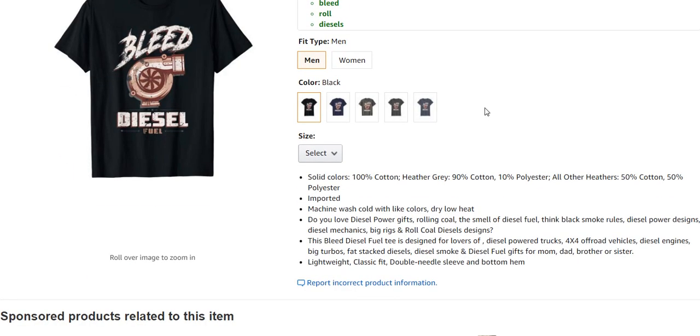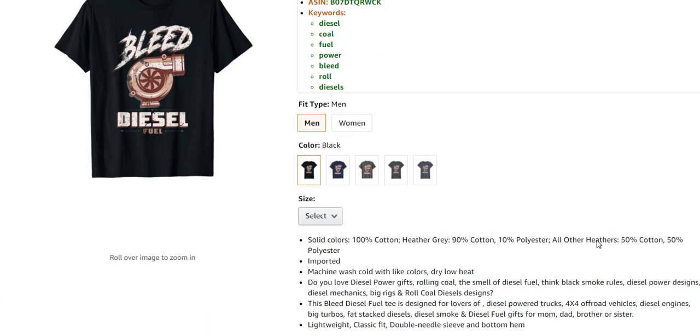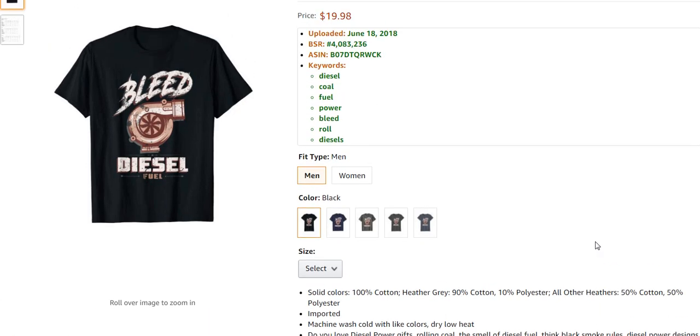So again, a lot of keywords, and that's what they continue doing in the points down below, as you can see here. So it's for anybody who likes diesel powered trucks, 4x4s, off-road vehicles, diesel engines. They really go into that very niche terminology.